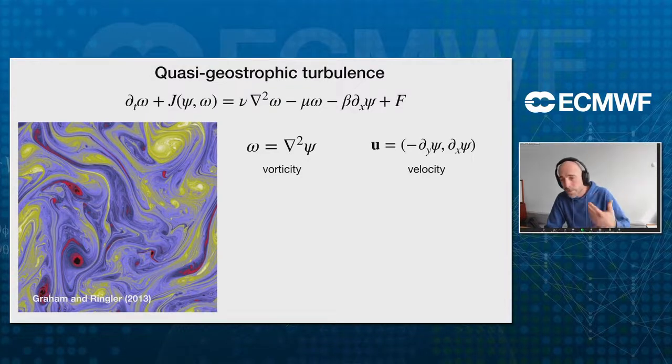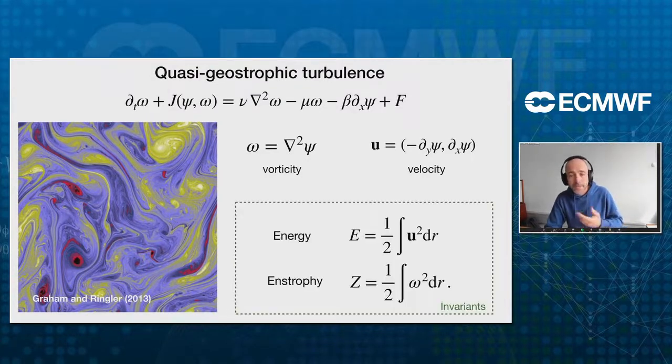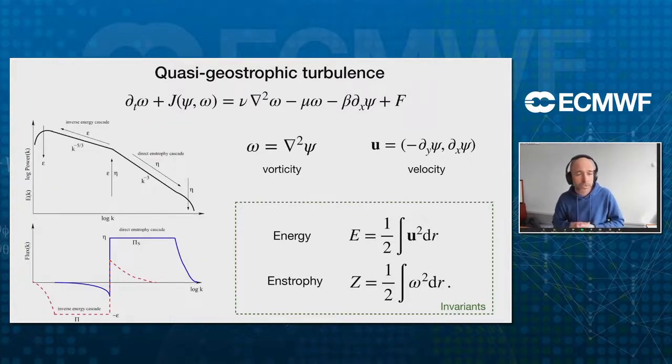You have a conservation of vorticity and a number of invariants there, including energy and enstrophy. Under very generic conditions, you have this dual cascade, with enstrophy being fluxed to fine scales and energy back to large scales.